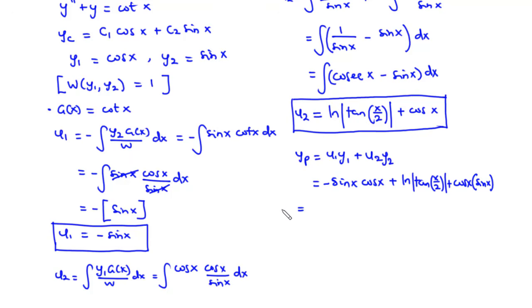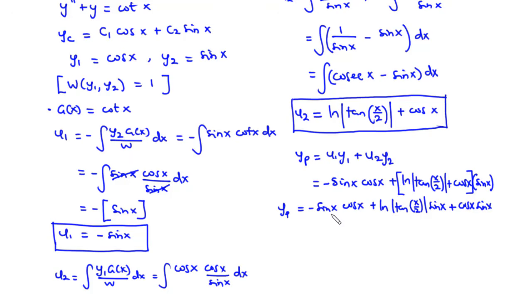So let's simplify further. So yp is equal to negative sine x cos x plus, now we are going to multiply sine x across, so that becomes ln of tan x over 2 sine x plus cos x sine x.